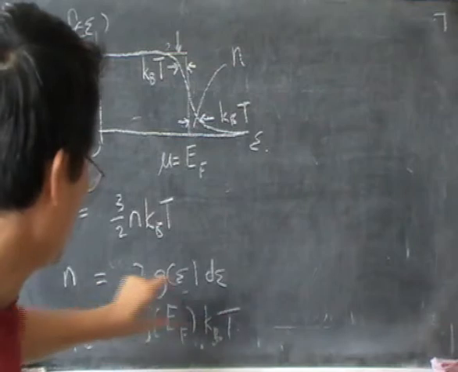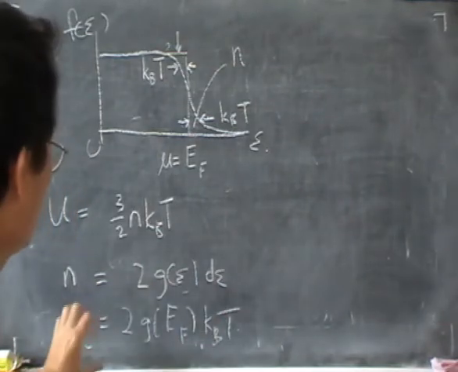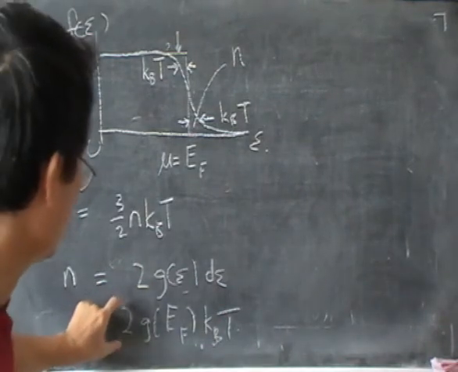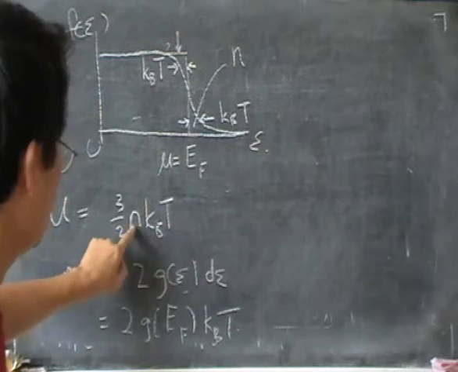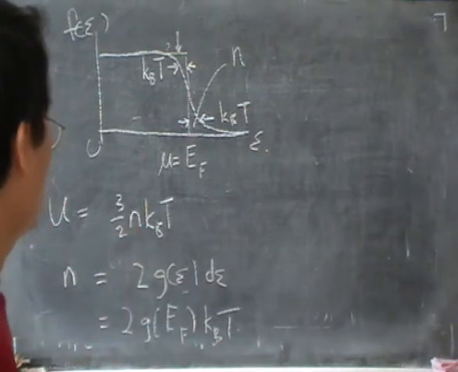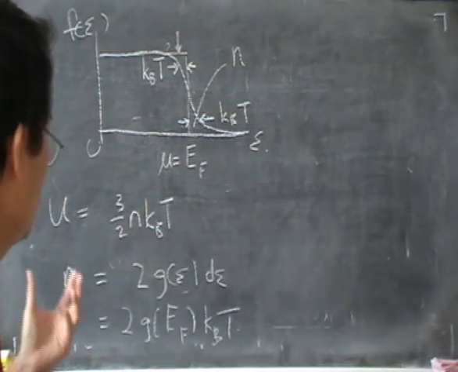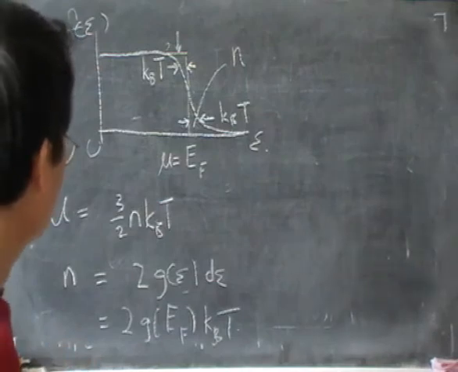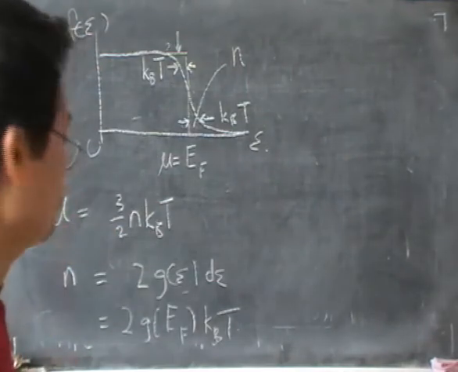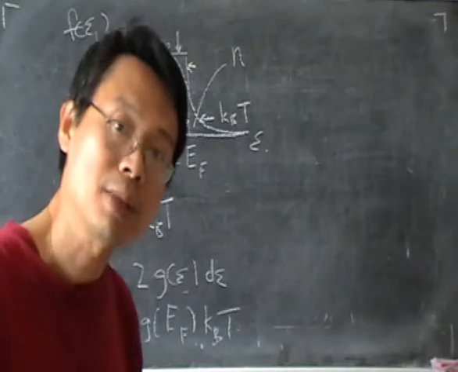So having found this, in principle, all we need is to substitute this into here for the total energy, and then we can find the total energy, and from that we can differentiate to get the heat capacity.